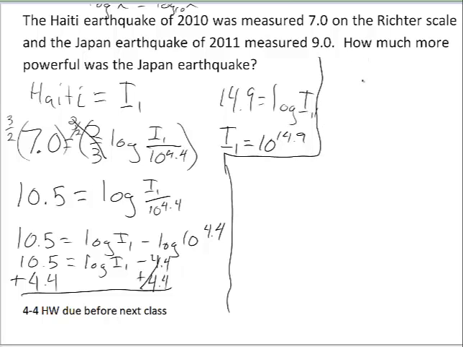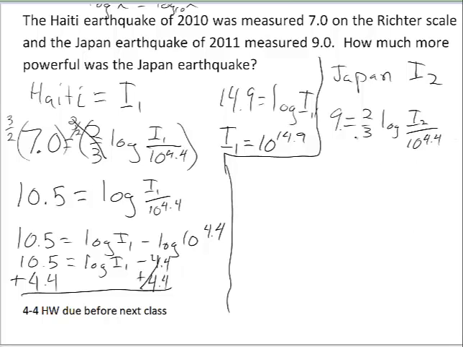Remember, the amount of energy released in the Japan earthquake we called I2, and we know that it measured a 9.0. So we can set up a similar formula. 9 is equal to 2/3 times the log of I2 over 10 to the 4.4, the reference earthquake.